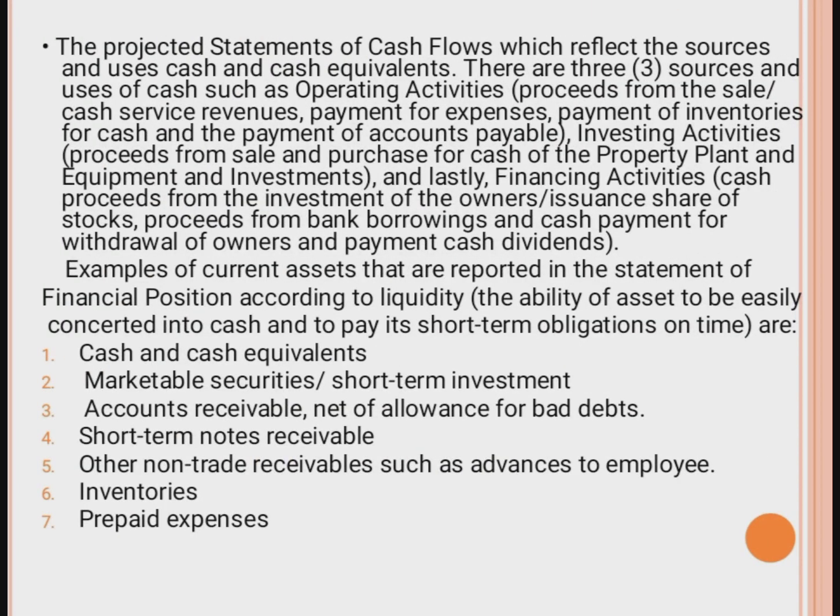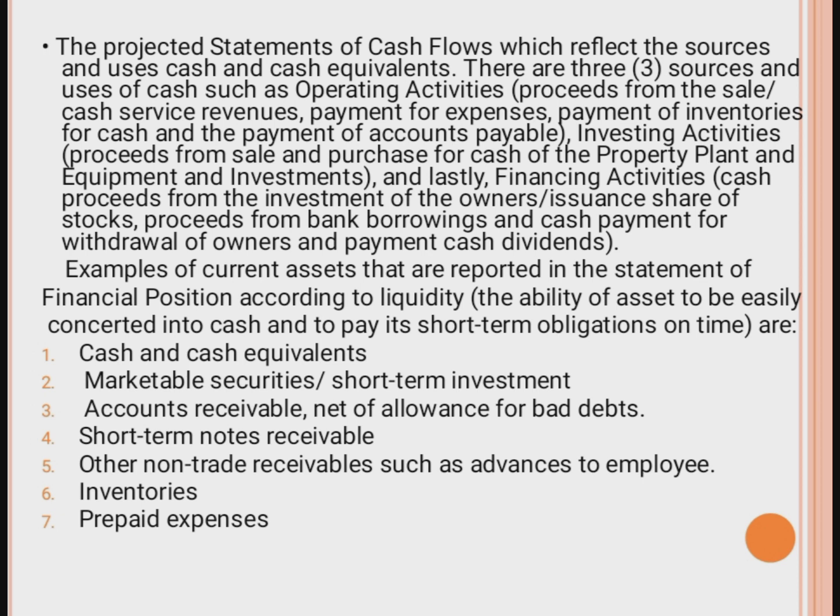Next, the projected statements of cash flows, which reflect the sources and uses of cash and cash equivalents. There are three sources and uses of cash. First, operating activities: proceeds from the sale of goods or services, revenues, payment for expenses, payment of inventories for cash, and the payment of accounts payable.